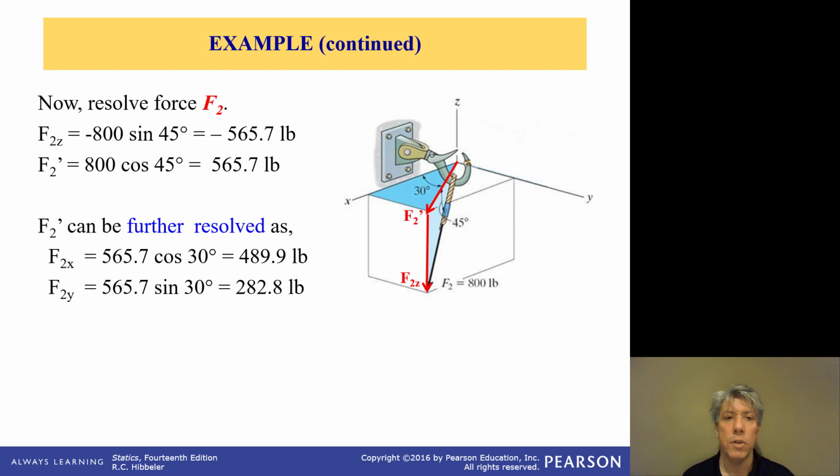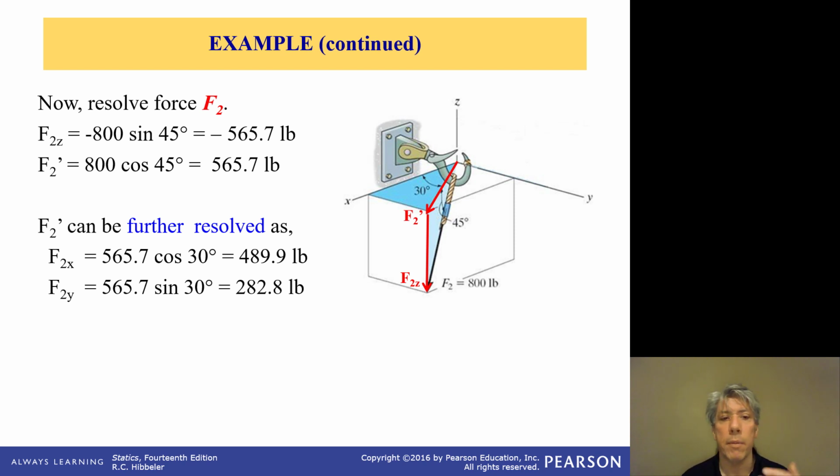But notice that F2 prime is a positive number, right? We always want to end up with it being a positive number and then figure out later whether it's actually positive or negative relative to the coordinates. Now, in this particular case, F2 prime is positive along the x-axis and positive along the y-axis as we project it onto those two axes.